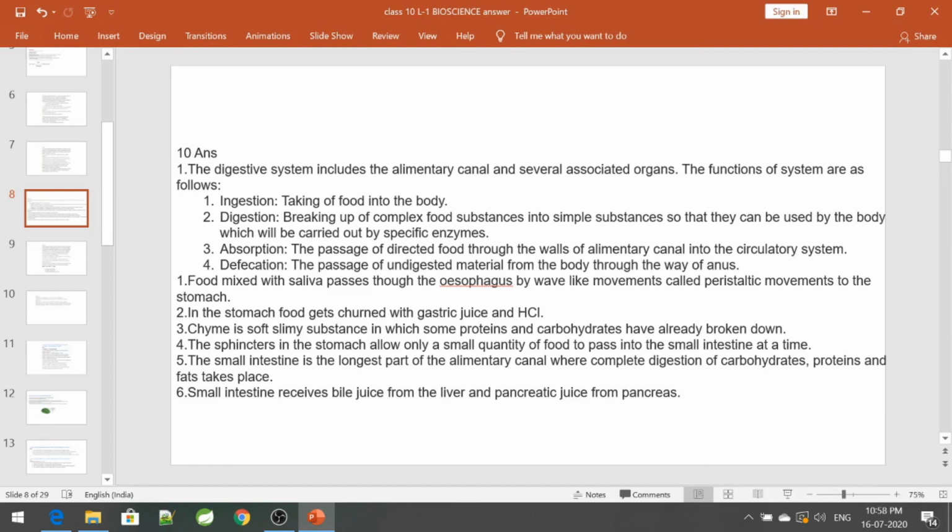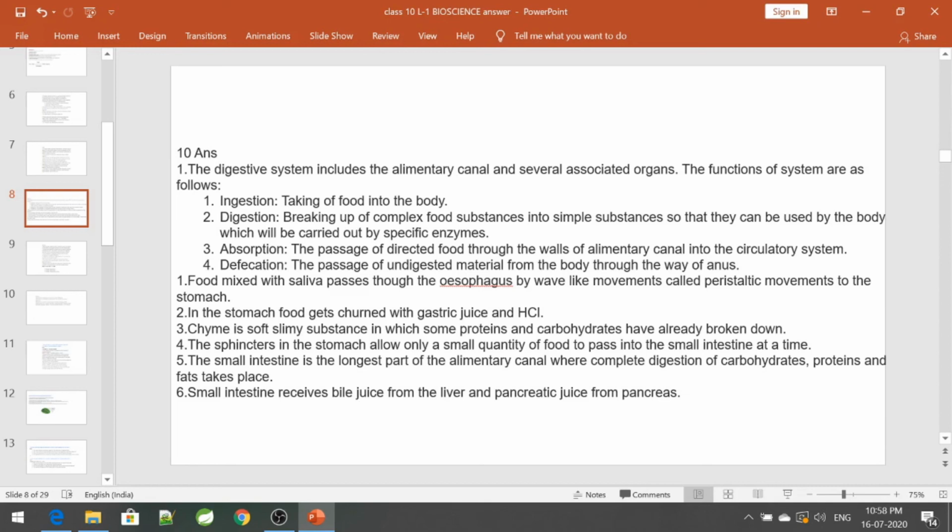The small intestine is the longest part of the alimentary canal, where complete digestion of carbohydrates, proteins, and fats takes place. The small intestine receives bile juice from the liver and pancreatic juice from the pancreas.